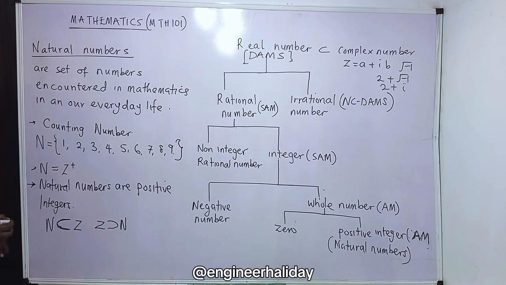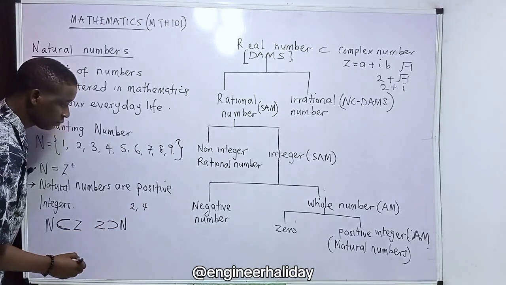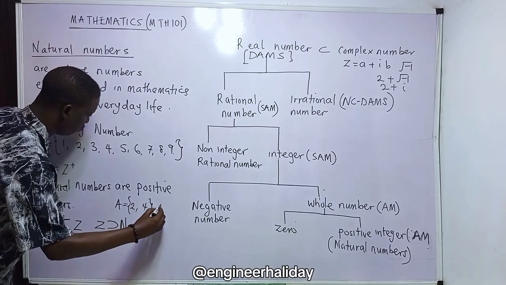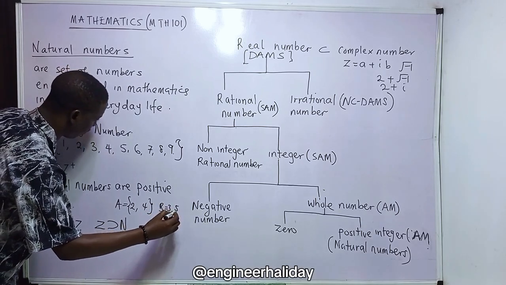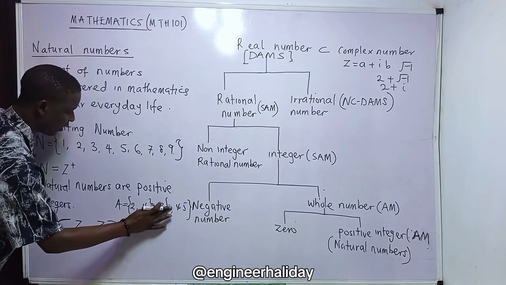When we say something is a subset, for example, if I give you 2, 4 as set A, and I give you B as 2, 4, 5.